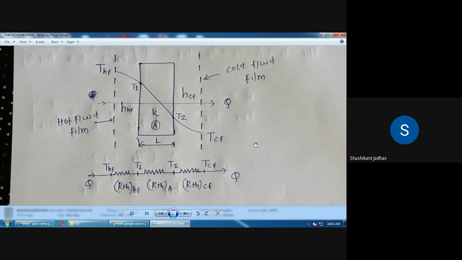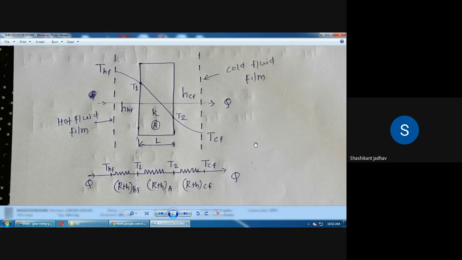So we know that for the plane wall the temperature profile is linear. So between T1 and T2 the temperature profile is nothing but linear. We have to draw a straight line between T1 and T2, and some curvature at THF, the temperature of the hot fluid film, and on the right hand side at TCF, the temperature of the cold fluid film.